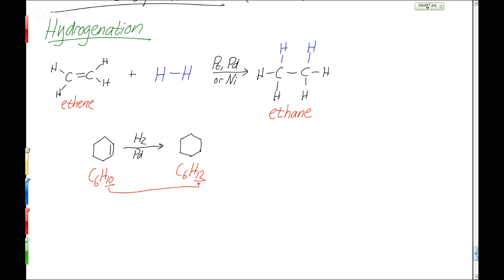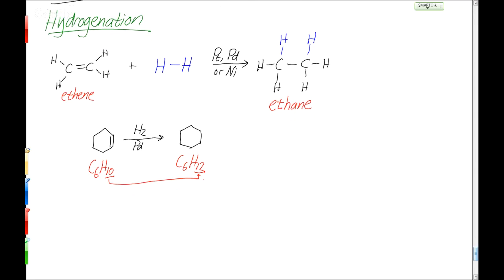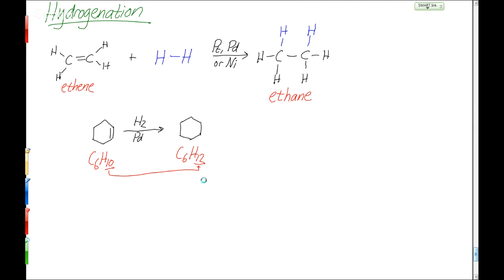And then when the double bond comes in, it also goes down to bind with the metal surface, and that's when it reacts with hydrogen. The metals also facilitate some electron transfer. There's a lot of stuff going on there. This is also technically a reduction when we talk about oxidation reduction. So there's some of that going on too.